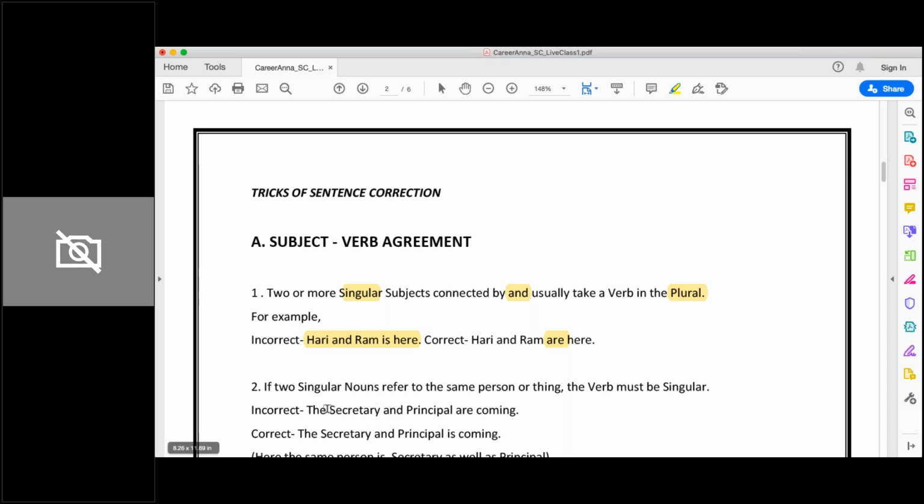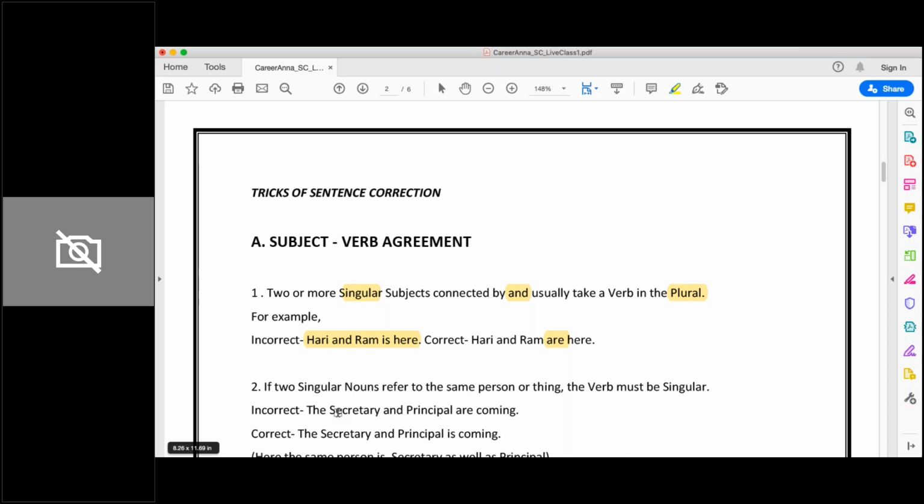What do I mean? Suppose there is a person called Varun, and Varun is the secretary of a society and principal of a college, and someone sees Varun coming and says, "The secretary and principal dash coming."